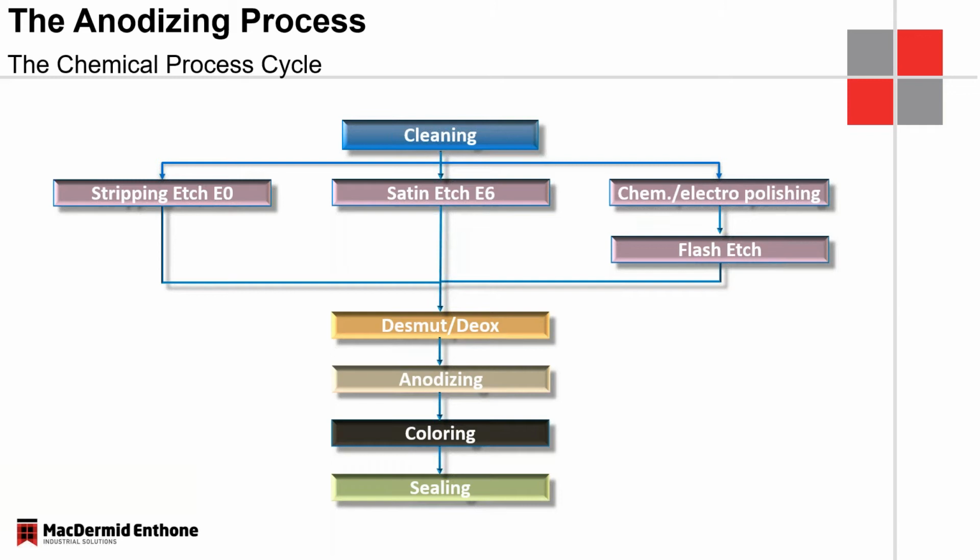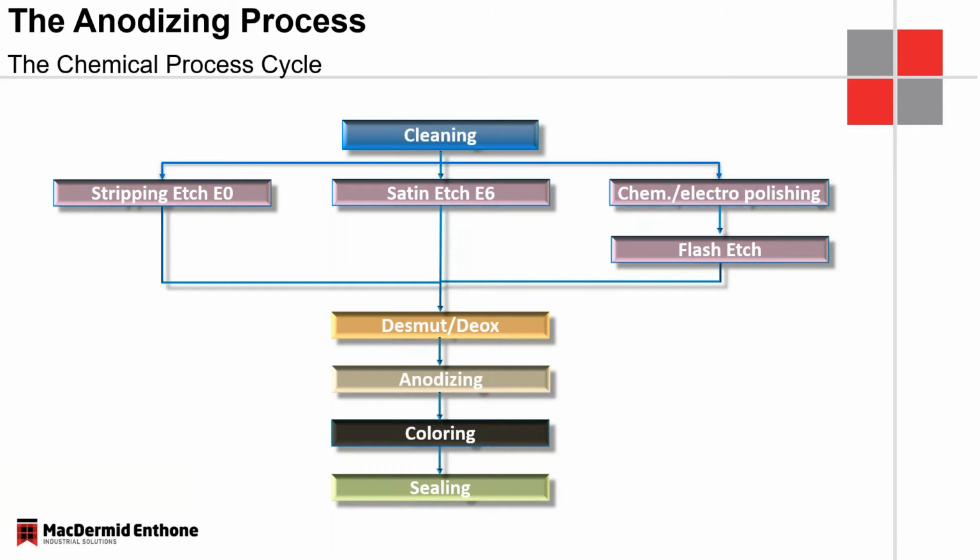So some parts, if we start here on the right, will actually have a high specular requirement, so they might go through a chemical or electrochemical polishing sequence.